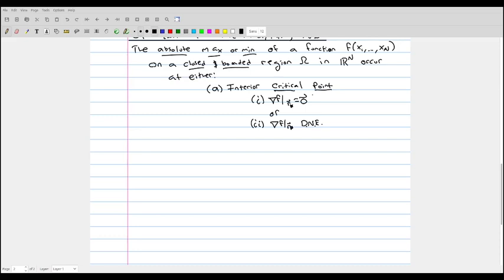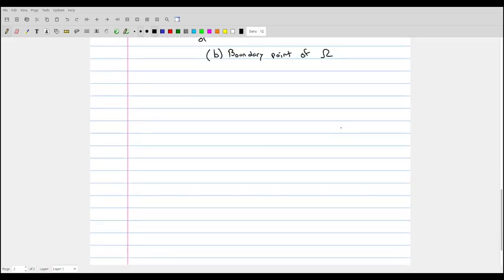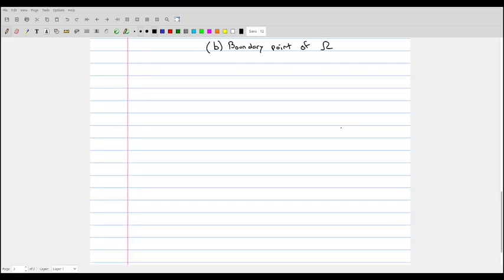So the absolute max or min of a function occurs either at an interior critical point or at a point on the boundary of this region, so a boundary point of the region omega. So this is our main theorem for optimizing functions of more than one variable.